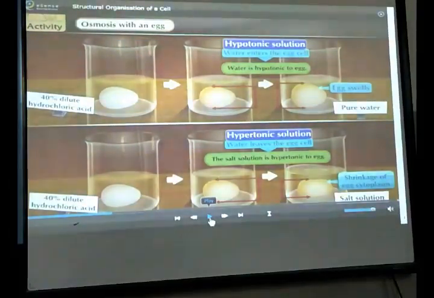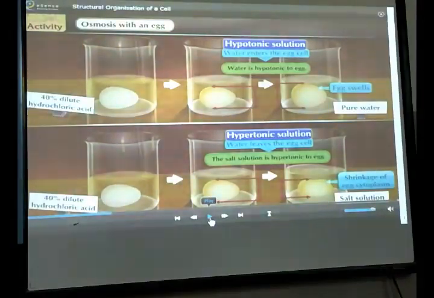And in the case of a hypertonic solution, water leaves the egg cell. The salt solution is hypertonic to the egg, and if we put the egg in the salt solution, water comes out from the egg cell and the egg cytoplasm is going to shrink.